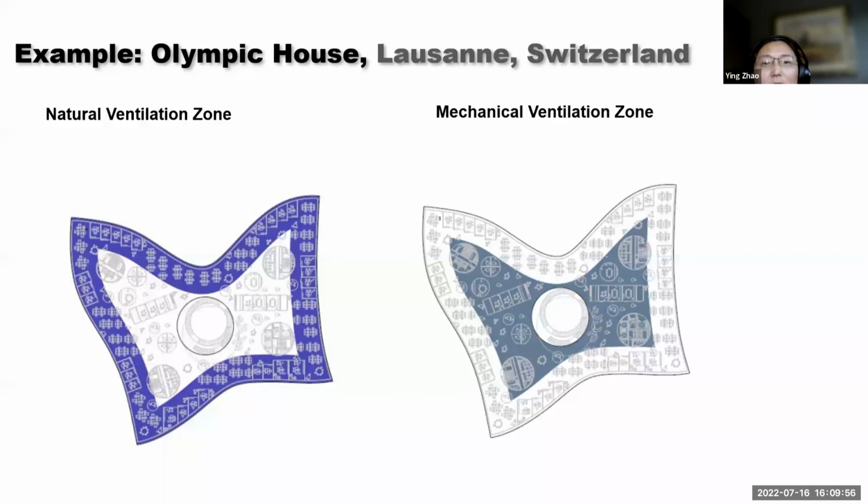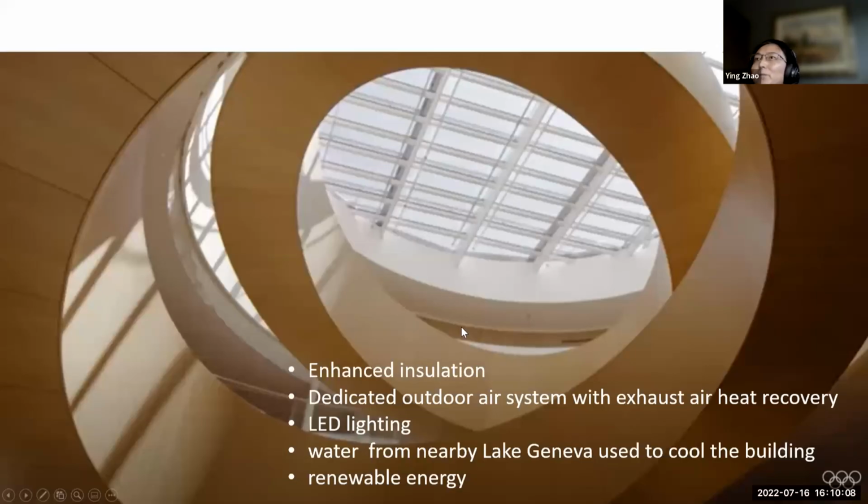When they calculated the mechanical loads, they only considered the internal zones. That reduces the energy use, partially for mechanical cooling and ventilation. They also use very good insulation for the envelope because it is a heating-dominated climate.